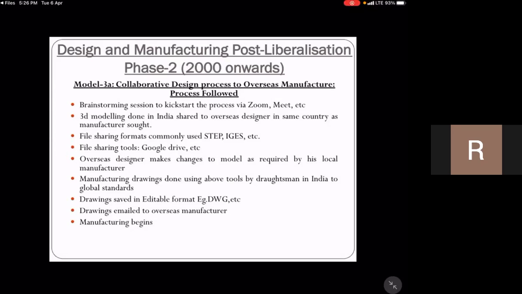This was a way where the Indian designer has to design to the requirements of an overseas market, for an overseas manufacturer. Designing for an overseas manufacturer is the critical part. Designing for an Indian manufacturer by an Indian designer is much easier because of the local languages and everything. Designing for an overseas manufacturer is the critical part.